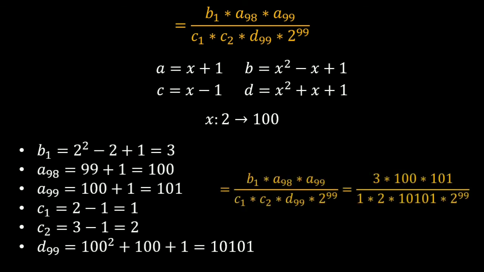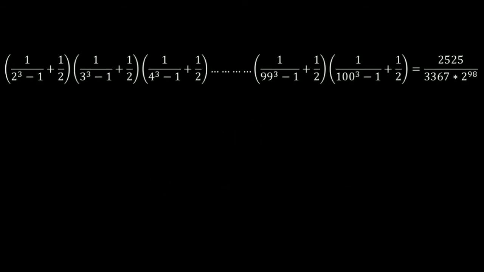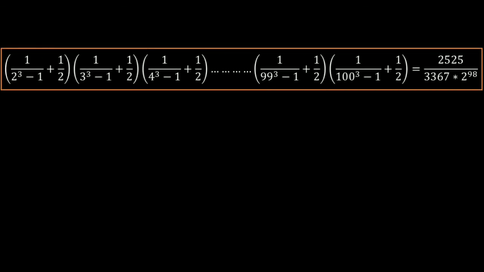After putting in the values, we have something like this, and we can simplify it further. So our final answer is 2525 divided by 3367 times 2 to the power 98, and that is our correct answer.